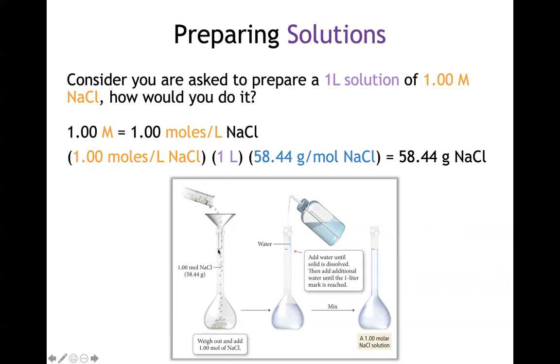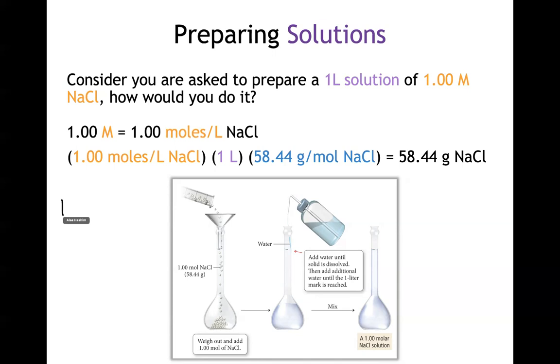And then we'll basically use a volumetric flask, and they're typically marked. So this would be like a 1000 milliliter volumetric flask, and we'd add water, which is our solvent, to the mark, which indicates 1000 milliliters, and we would mix the solution. And we would say that we have a 1 molar sodium chloride solution, right?